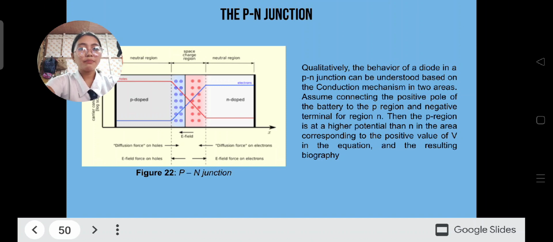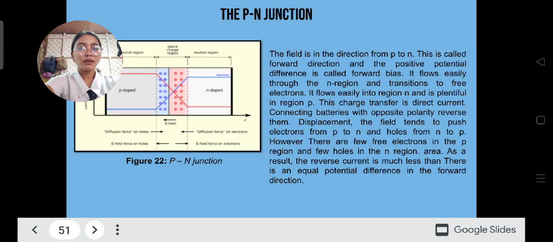So the field is in the direction from P to N, and this is called the forward direction, and the positive potential difference is called forward bias.